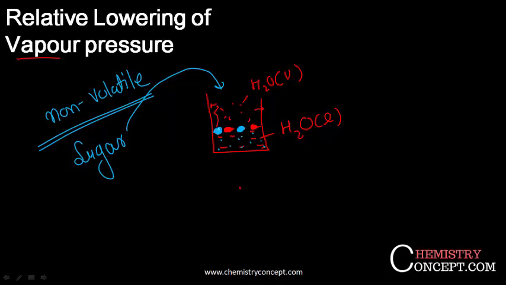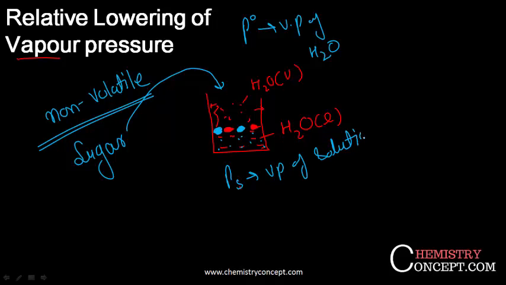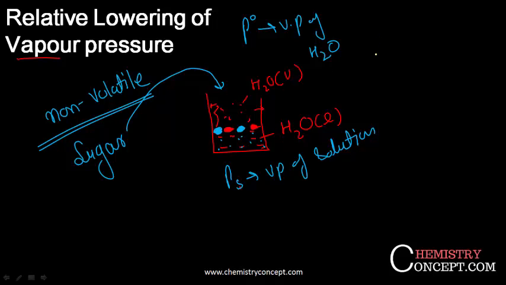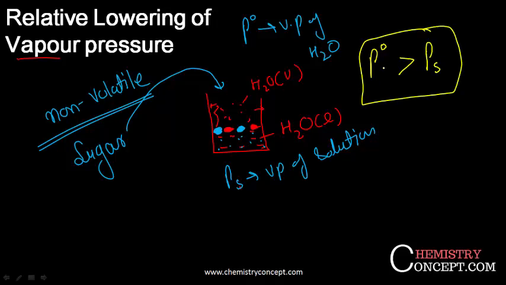Thus, if P naught was the vapor pressure of pure liquid or solvent, or water, and Ps is the vapor pressure of the solution, it is very obvious that the vapor pressure of pure liquid was greater than the vapor pressure of a solution which contains a non-volatile solute, and this is called relative lowering of vapor pressure.